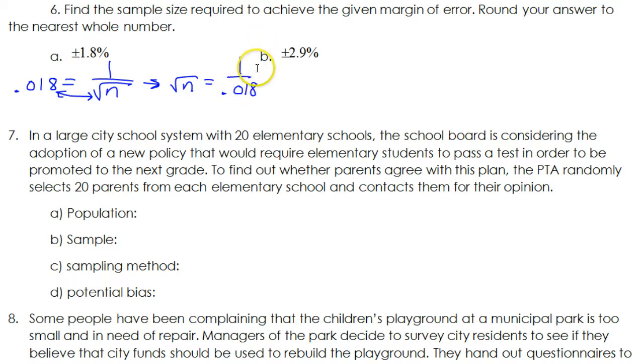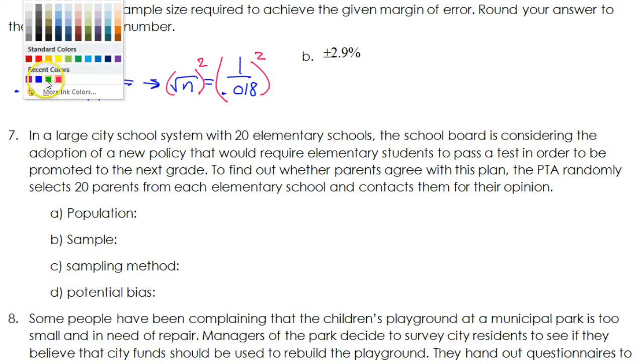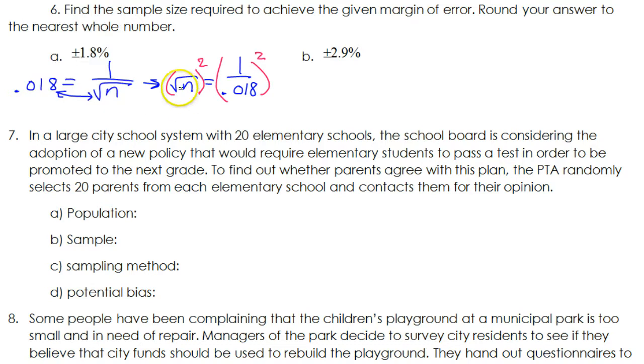And to get rid of the radical, I'm going to square the left side. So that means I'm going to have to square both sides. So if I do that, that should give me my final answer. Of course that'll just give me the n that I'm looking for. So I just need to square this: 1 over 0.018 squared.